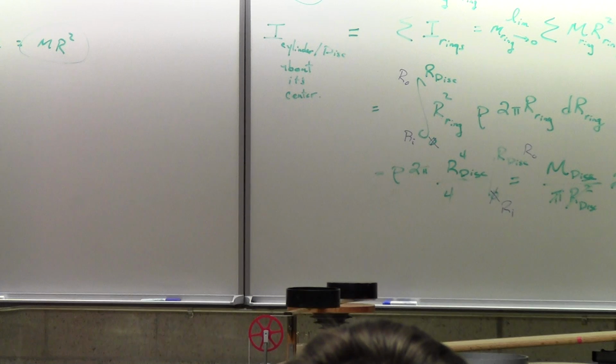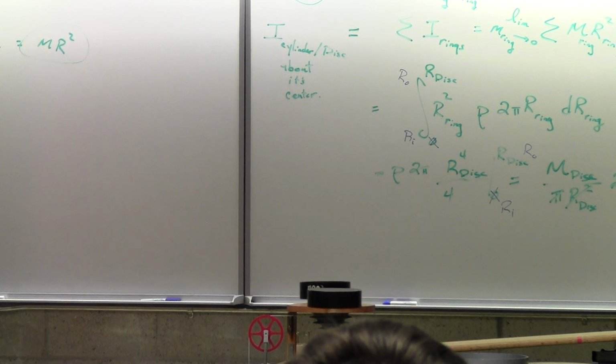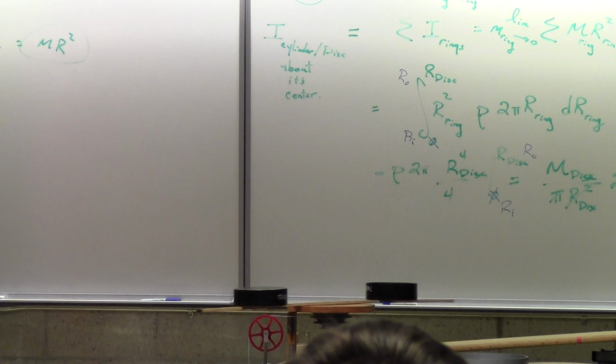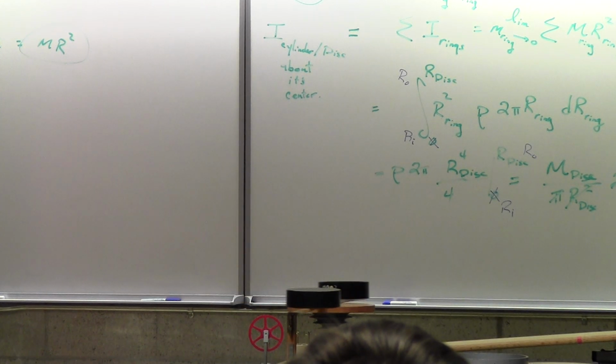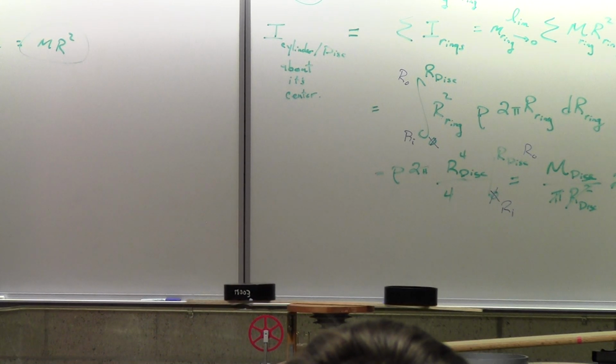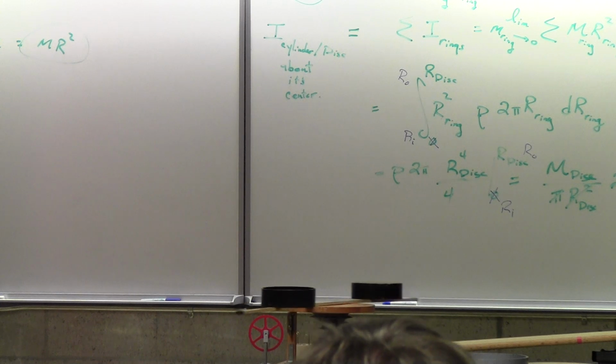So I have the disc, I have the hoop, I have the rod. They're all rotating. But this is a step up. What's different about this? Yeah, the disc and the hoop are not rotating around their center, are they? Now the rod is. But how do I add the disc and the hoop?